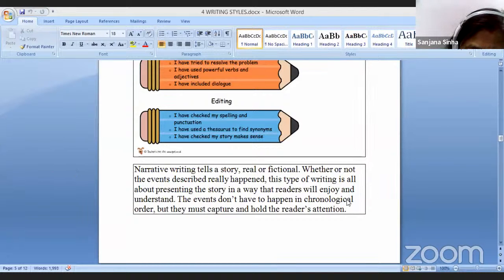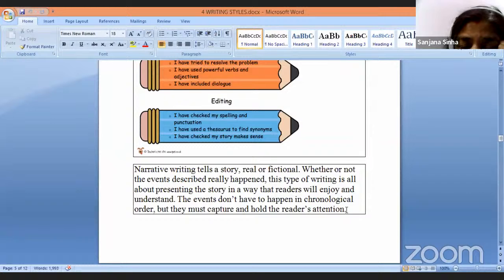But they must capture and hold the attention of the reader. Any writing, any story should capture the attention of any reader. So the main objective of any story writer is that his story will be read, understood, and enjoyed.